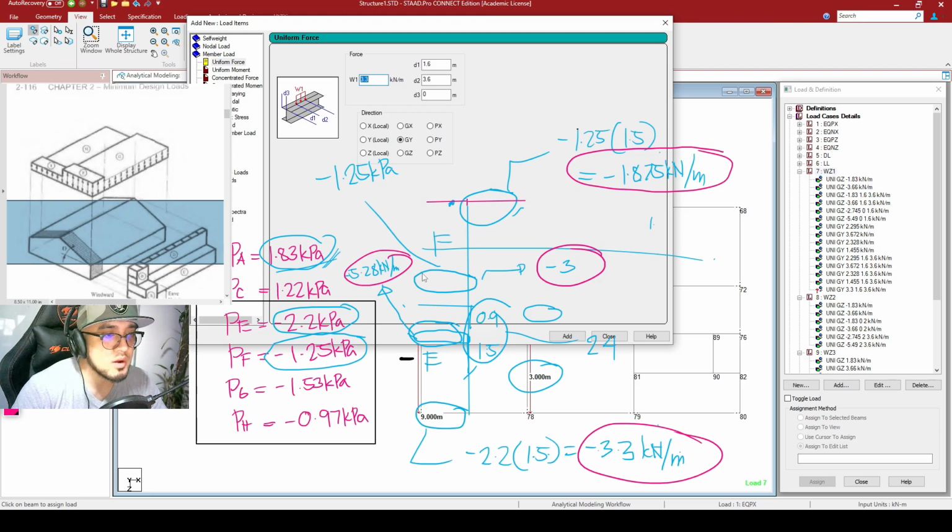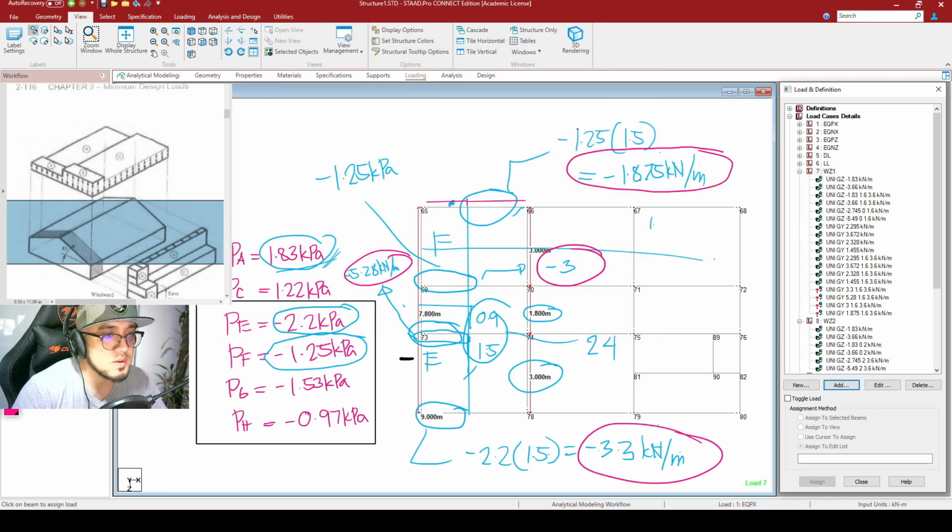So negative 3.3. Then click add. Then for the second one, that is to be 5.28, which is this. So 5.28. Click add. Then for the next one, that is to be 3. Click add. And for the last one, that is to be negative 1.875 or 1.875. Then click add.